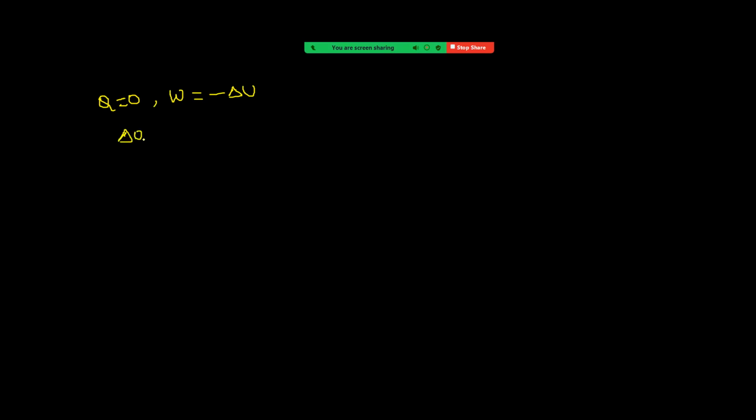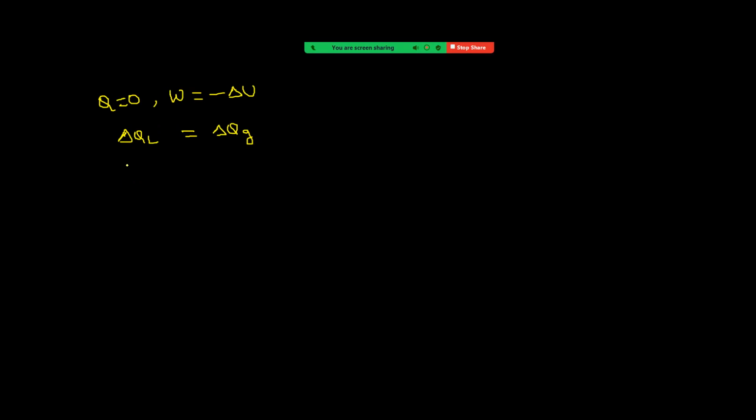Then delta Q lost by the lower one is equal to delta Q gained by the upper one. Earlier we took n Cv delta T for the lower one because that time the piston was fixed, but now the piston is free to move. Means now this also is constant pressure.